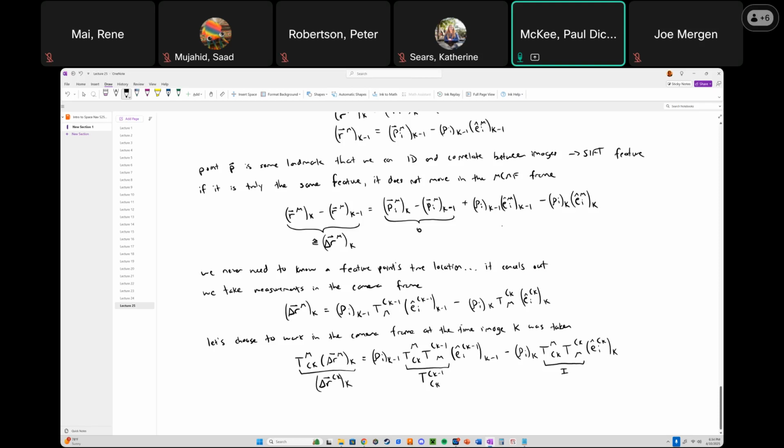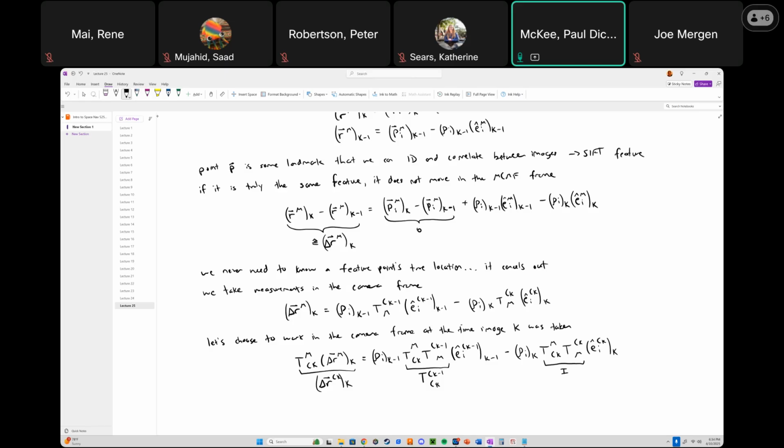Yes, Peter. Just making sure that the CK minus 1 and the E in the EI, that's just notational to say that it's in that frame. Yes. Yep. All right. So this point right here is the ith point in the CK minus 1 frame. And we don't actually know what that frame is.